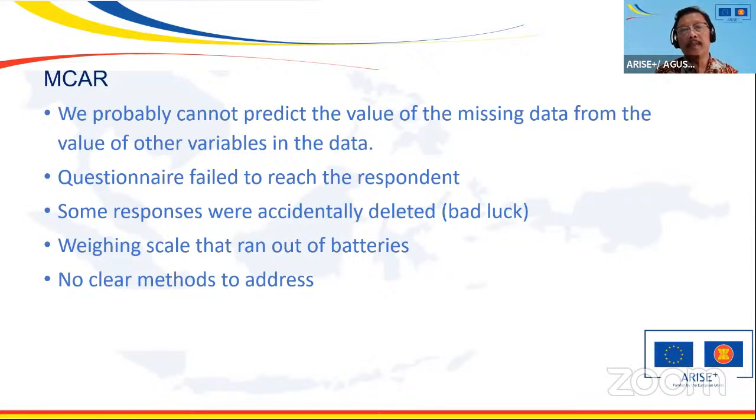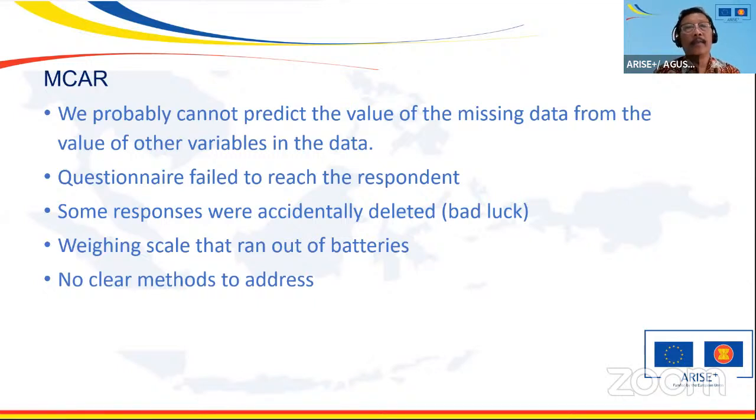The data is also random, so the distribution of the missing data and the observed data do not differ significantly. So when you remove them and use only the complete data, you will not run into a biased estimate. Your estimate is still unbiased. The only problem is that because you reduce the sample, the variance may be a little bit higher.